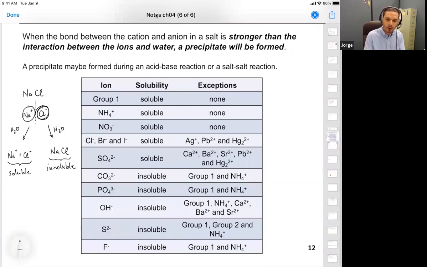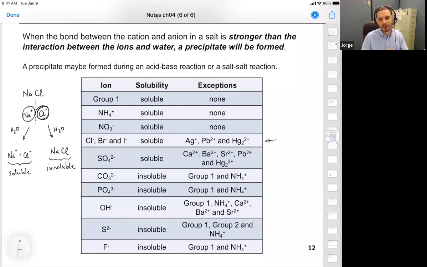So we will always check the solubility table to make sure that the salt is dissolved in water or it is not dissolved in water. It's a solid. Okay, so for example, here, looking at the fourth row of the solubility table, every time you have a salt formed by chloride, bromide, or iodide, that will yield soluble salts.